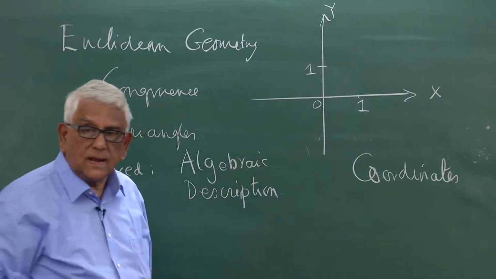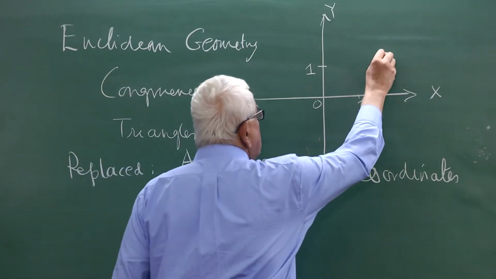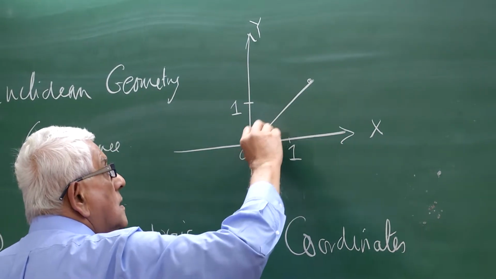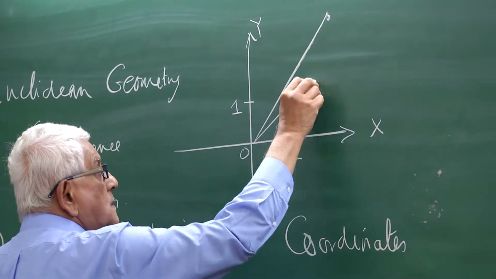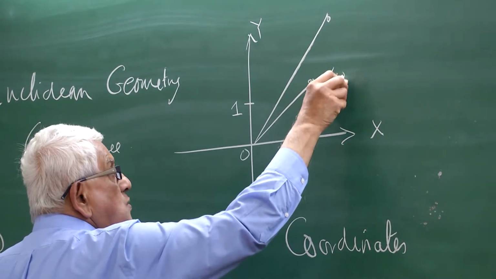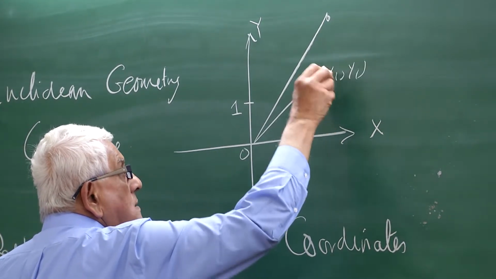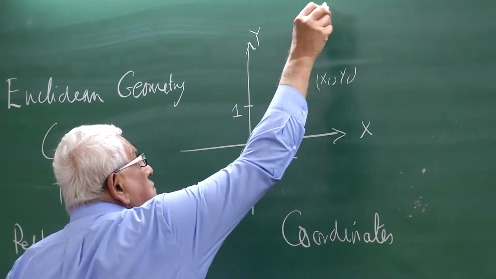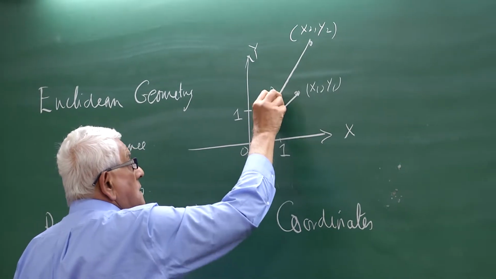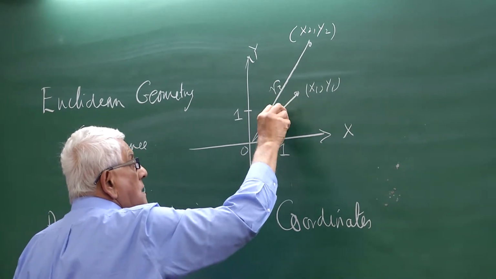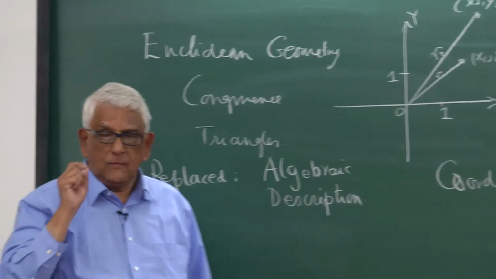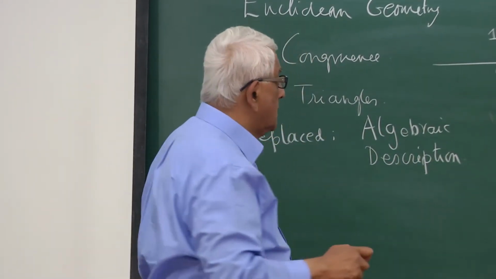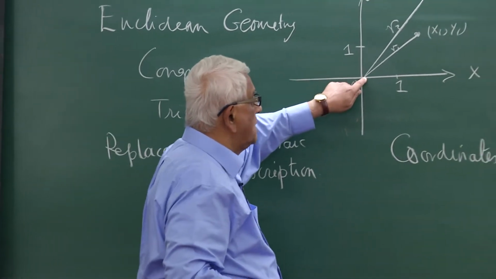So, once these were done, then a particular point, if I had a point here which had x1, y1 and a point here which had x2, y2, then you see the geometrical object in this picture is this directed line segment.